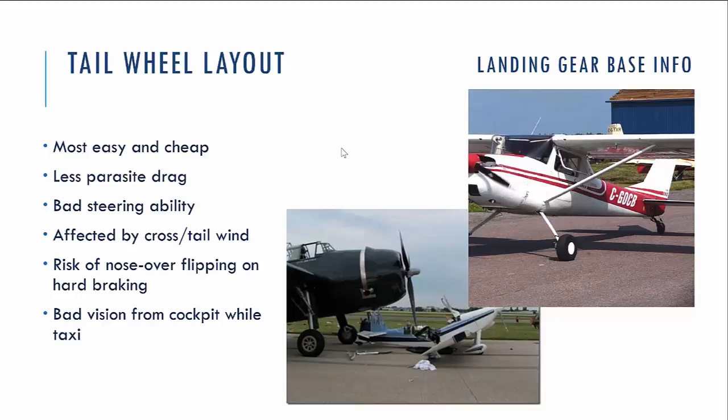The crosswind, for example a gust of crosswind, could rapidly change the direction of the airplane, and it could bring an accident. You could drive off the runway, for example.